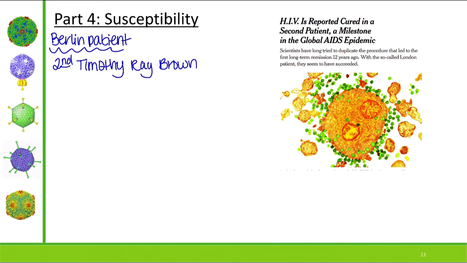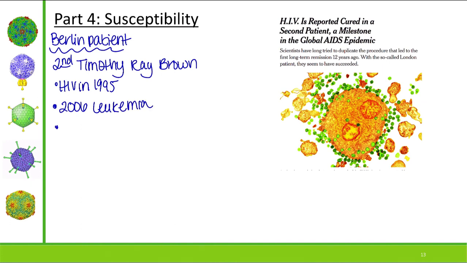And so our second Berlin patient is Timothy Ray Brown. He was diagnosed with HIV in 1995. And in 2006, he was diagnosed with leukemia. So he was diagnosed with cancer.